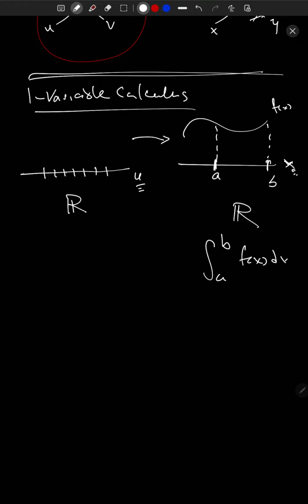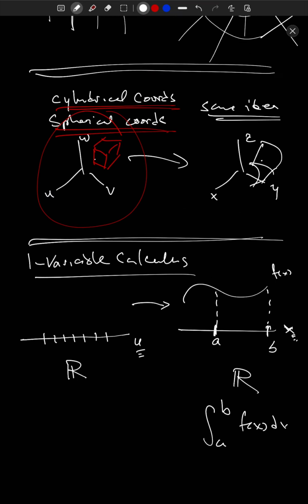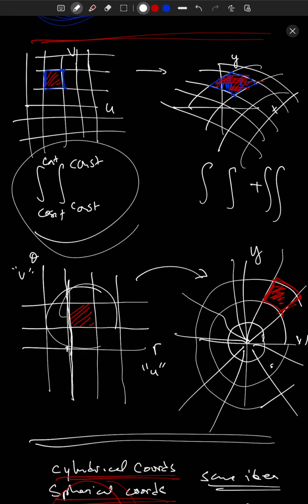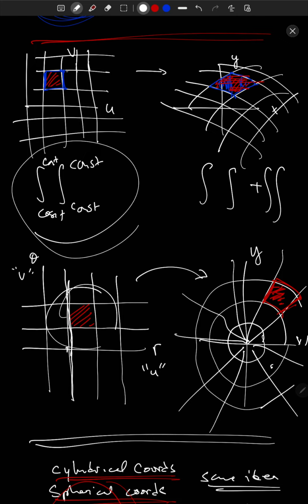When we push these equal spaced segments to the right-hand side, in other words, when we apply our mapping, they're not necessarily going to be equal spaced segments anymore, just like up here, when we push this nice rectangle there, it's going to turn into something that's curvy.